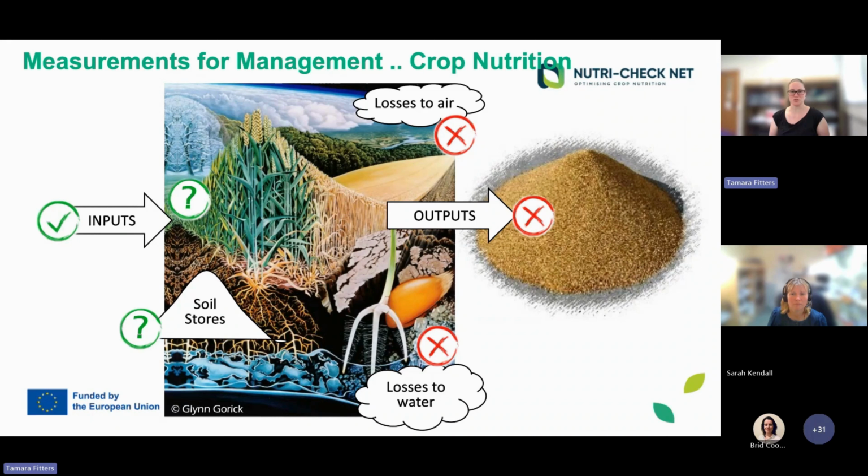You'd have to have special measuring equipment to get exact numbers, which we don't have on farm. But what we can measure is the outputs, and it would be very good to routinely do this to get an idea about what is going on in your field and how the outputs are changing depending on your field and your different inputs.